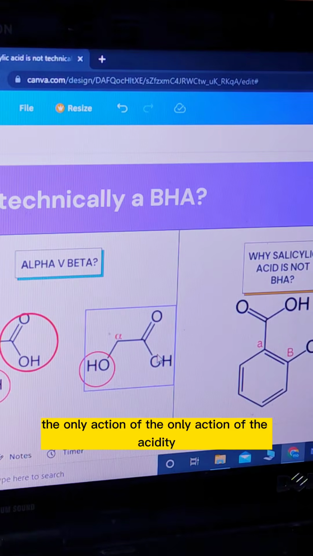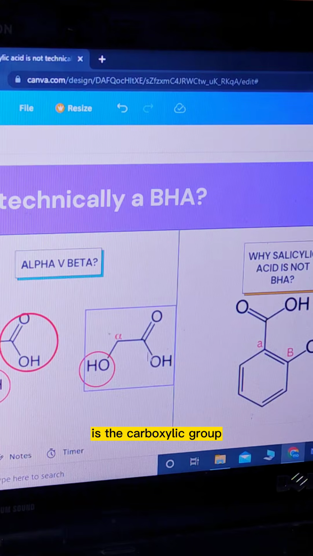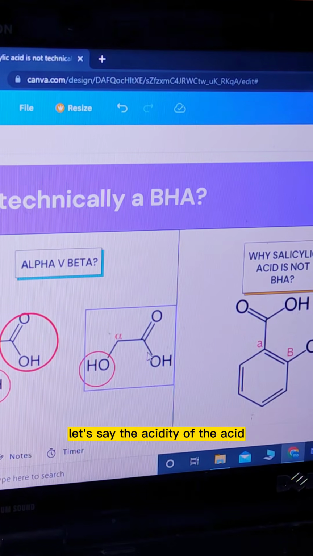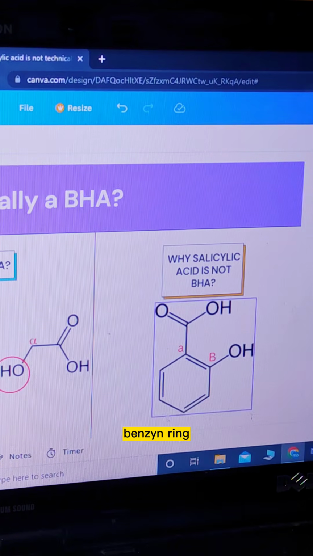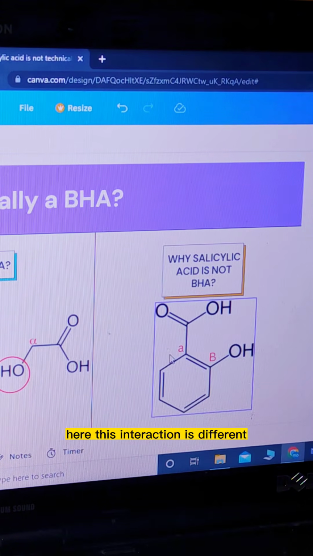The only source of acidity is the carboxylic group here, which gives the acid its acidity. But in salicylic acid, due to the existence of the benzene ring, the aromatic ring here, this interaction is different.